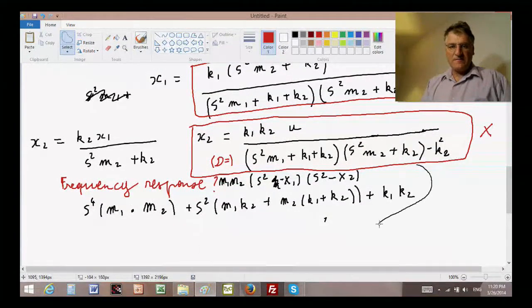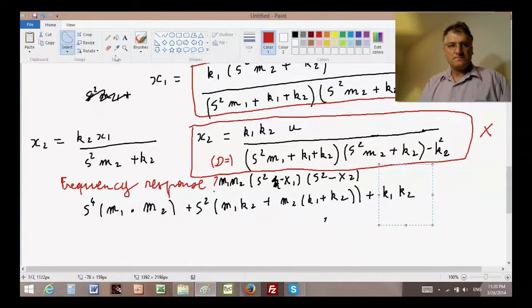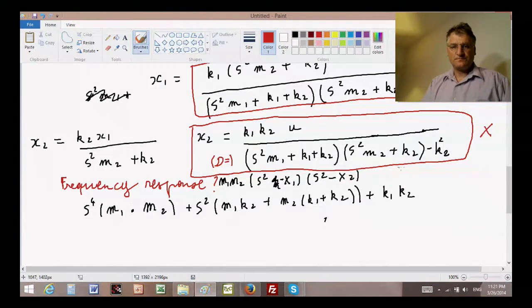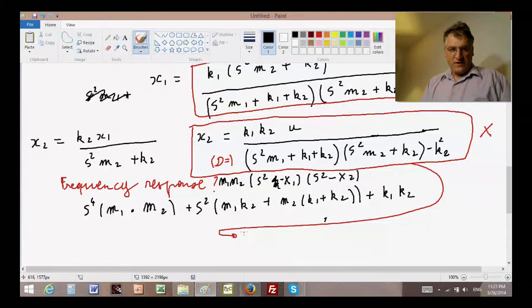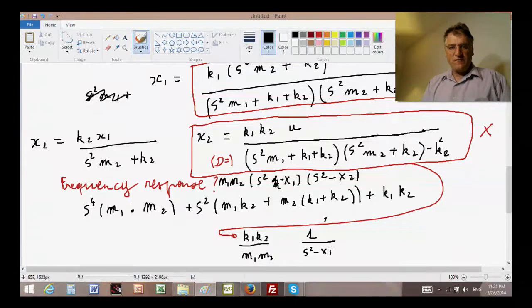In this case, K1 K2 over M1 M2 times 1 over S squared minus X1 times 1 over S squared minus X2.